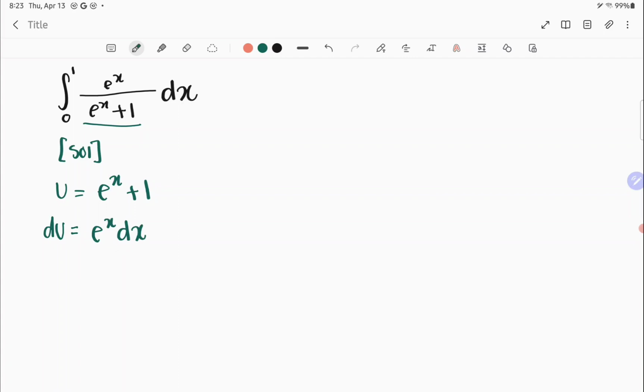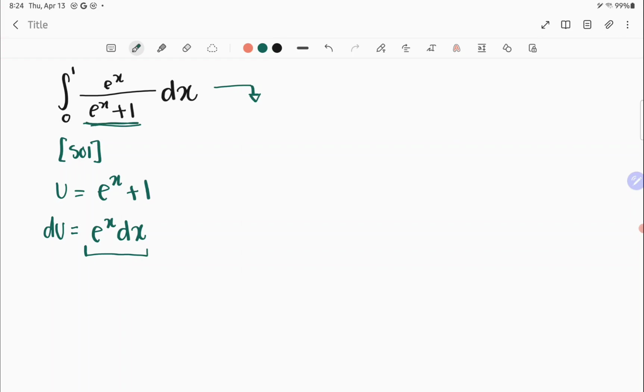And now you can see here we have an e to the power of x dx here and an e to the power of x dx here. So this is essentially just considered du. Now we can use that when we replace our values of u and du.